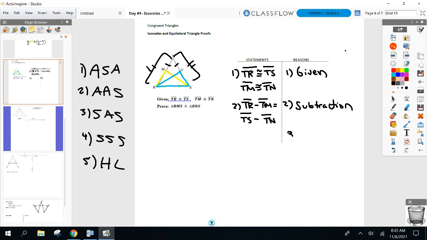Right after subtraction, your good old substitution, to say, let's see, MR congruent to NS. And that gives me a pair of sides. All right, 1 down, 2 to go.